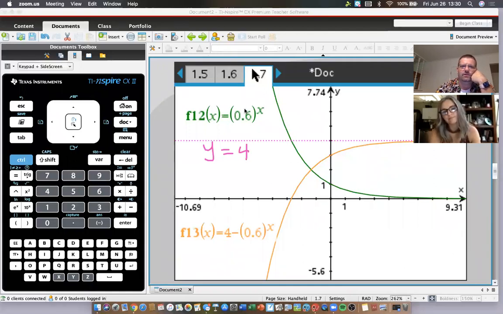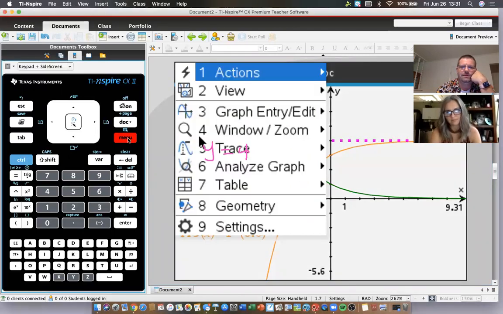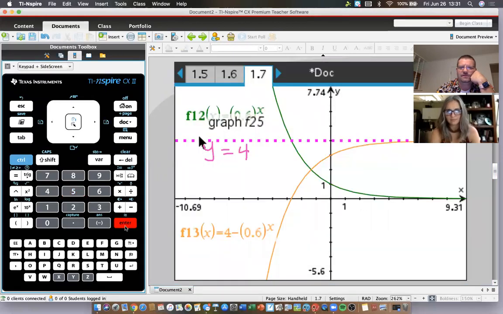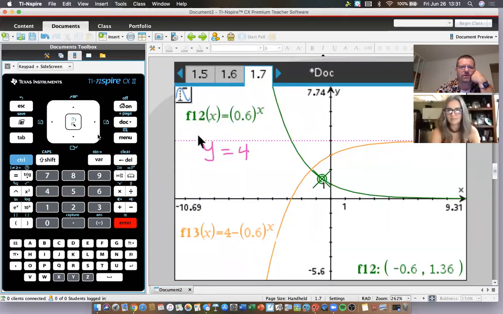And if you aren't sure about a point, you can hit menu and choose trace and graph trace. I'm on the green graph, so to go to the red or the mustard colored graph, I press up, and then I type 0. That point is at 0, 3.